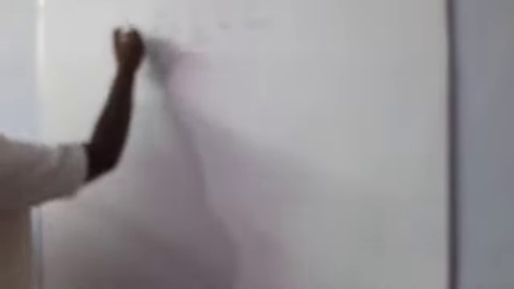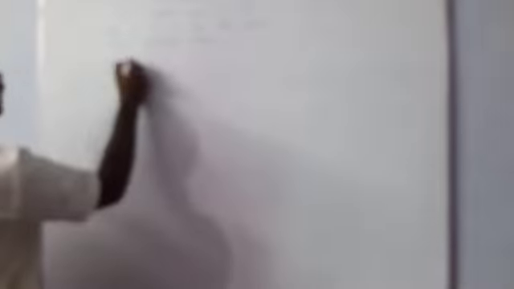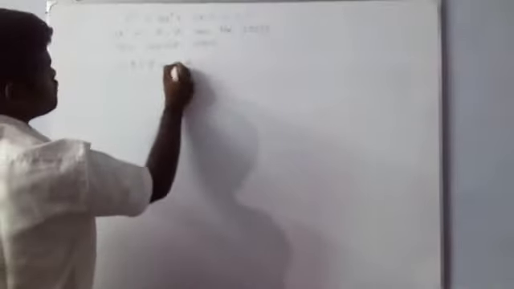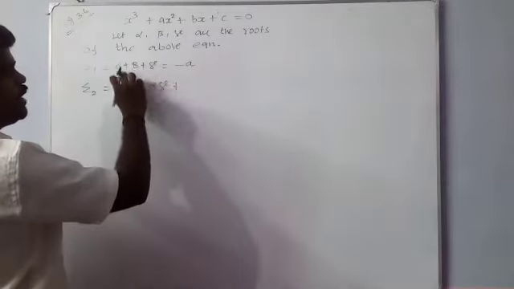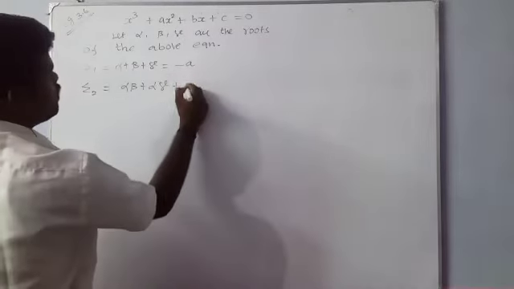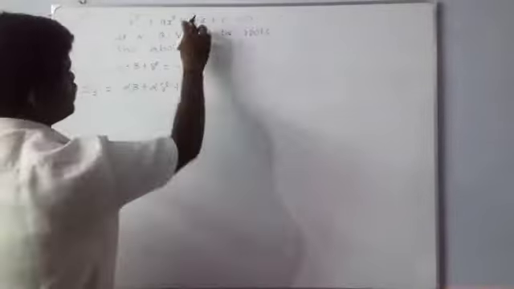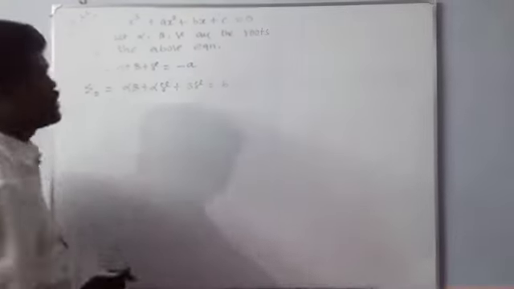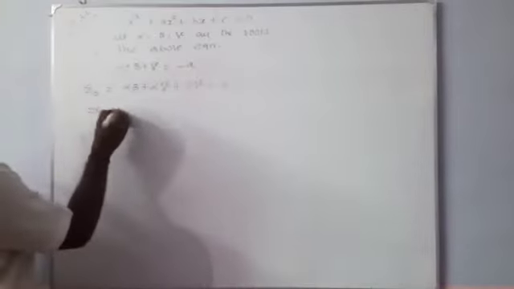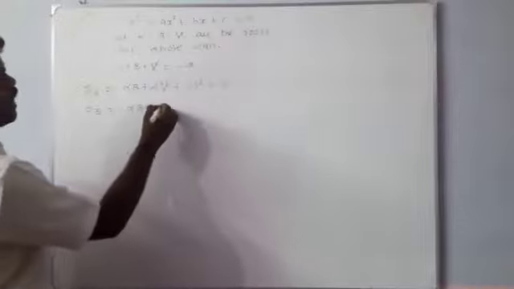Summation 1 is alpha plus beta plus gamma, which is equal to minus a. And summation 2 is alpha beta plus alpha gamma plus beta gamma, which is equal to b. And summation 3 is alpha beta gamma, which is equal to minus c.